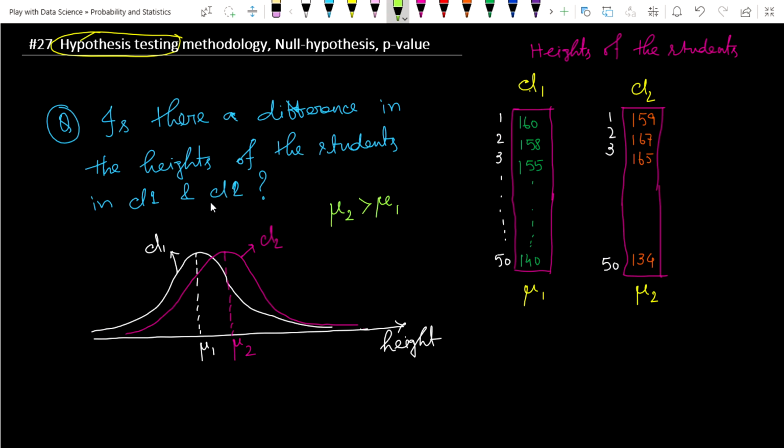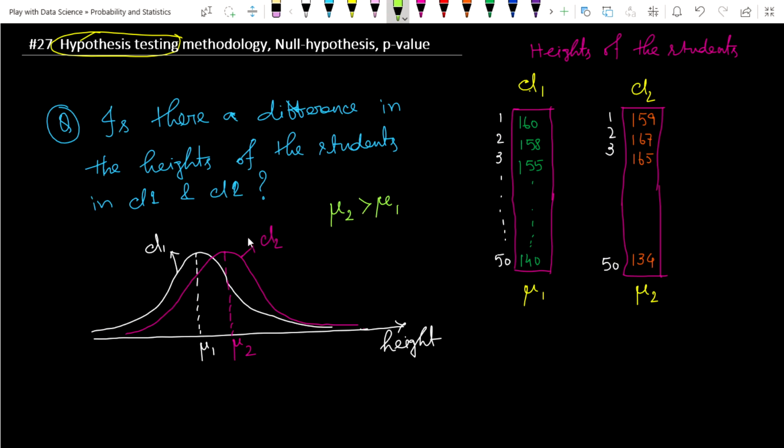But the question arises: suppose there are outlier students in class 2, then that conclusion may be wrong. Yes, obviously this may be wrong, but how can we conclude in such situations?